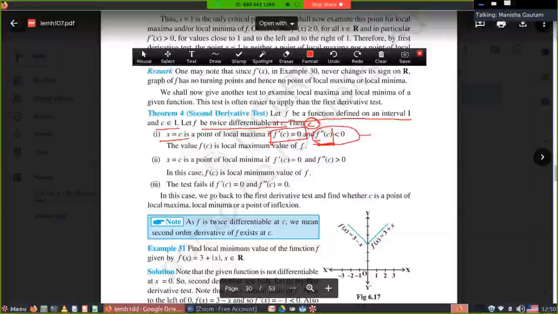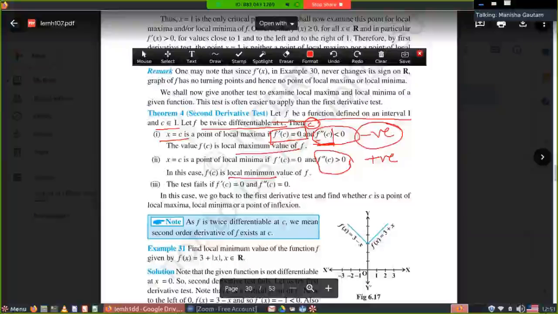If you are getting less than 0, it means negative. If after putting the critical points in the second derivative you are getting a negative value, it means maxima will be there at that point. If you are getting a positive value at that point, positive means greater than 0, then it shows local minima.